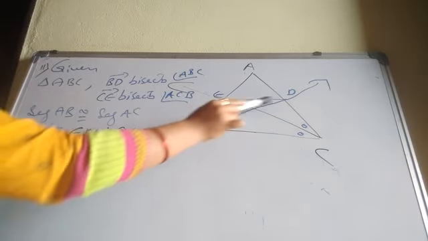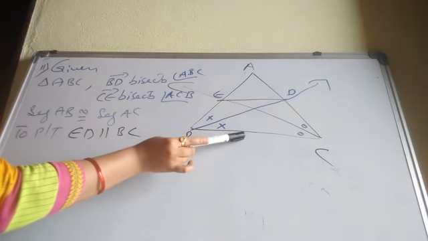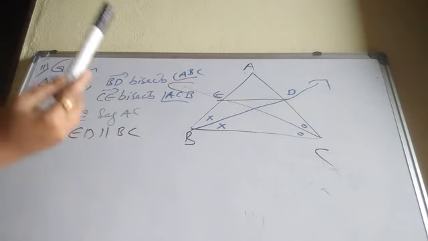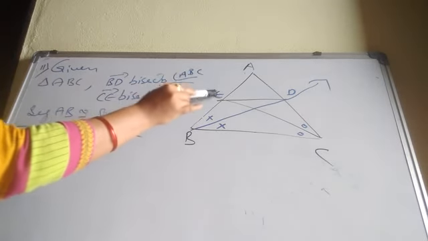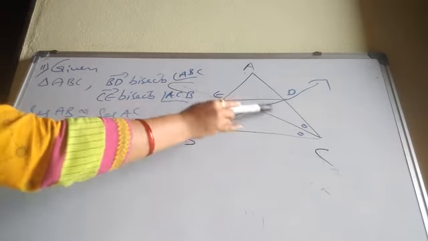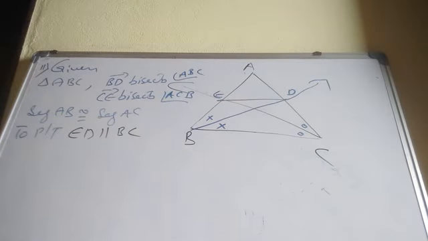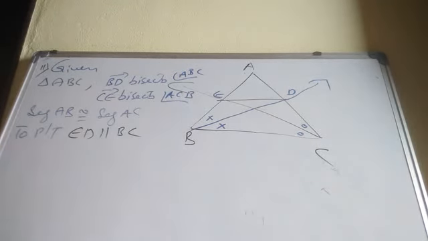To prove that ED is parallel to BC, we should satisfy the condition of the converse of the basic proportionality theorem: AE upon EB equals AD upon DC. And here we need to apply the angle bisector theorem also, because here BD bisects angle ABC.